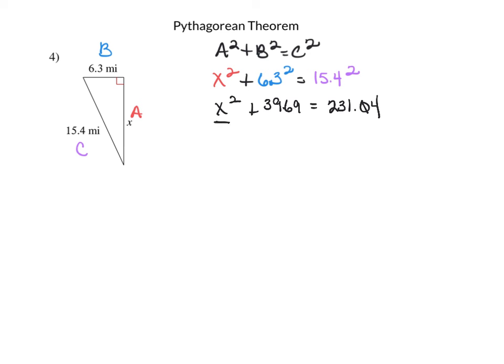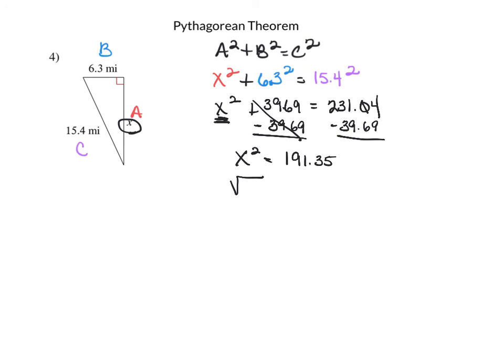Again, we need to isolate the x. So we're going to subtract 39.69 from both sides. Now, x squared equals 191.35. Again, we are looking for x and not x squared.